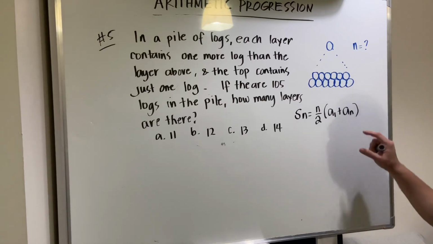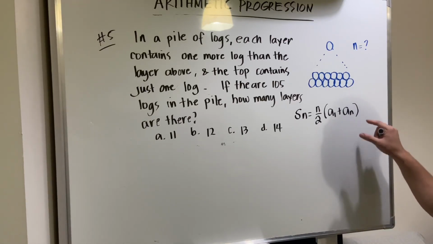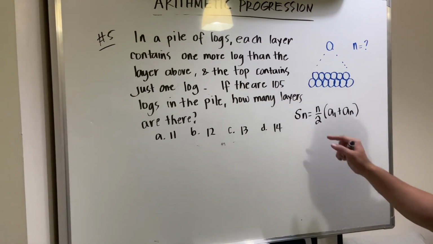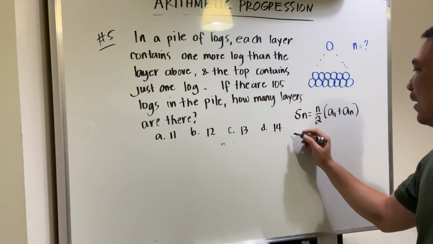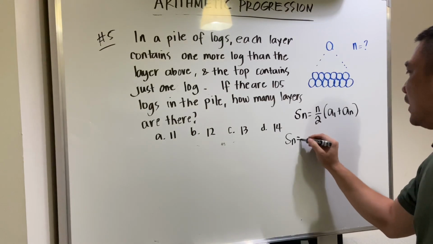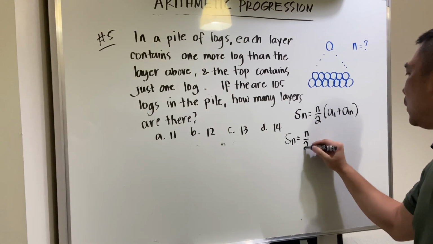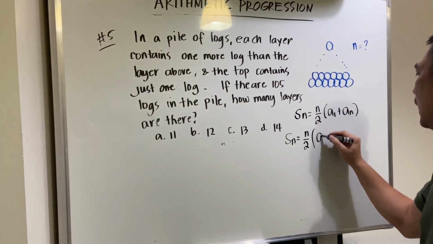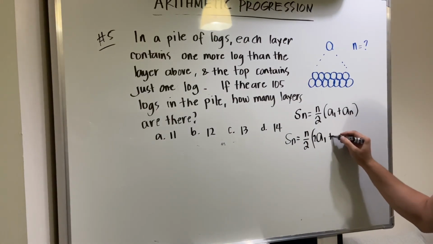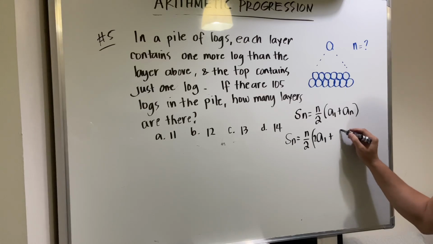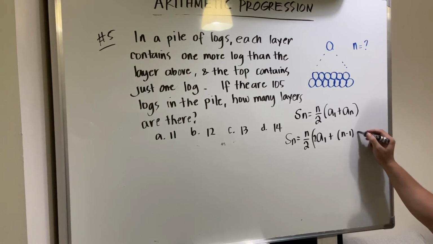So we have to find an equation that will give us only one unknown. So another formula for the sum of all the terms in an arithmetic progression, we have Sn is equal to n over 2 times the quantity 2a1 plus the quantity n minus 1 times d.